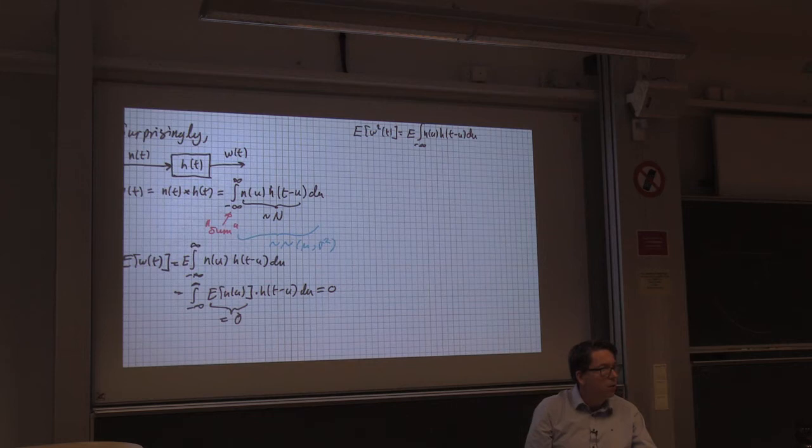This is w of t. Then we multiply that with w of t, which is another integral from minus infinity to infinity. Now we need to pick another integration variable, so let's pick v instead. So it's n of v h of t minus v dv.